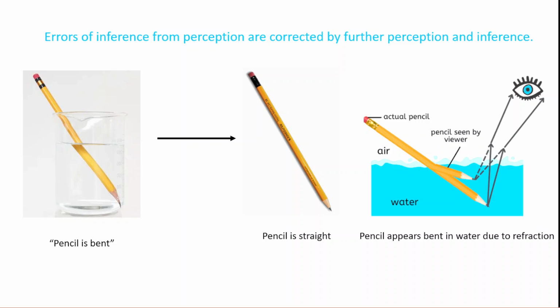So I conclude that the pencil is appearing bent due to refraction. Meanwhile, the pencil is straight. So the form of perception changes based on the environment you put it in.